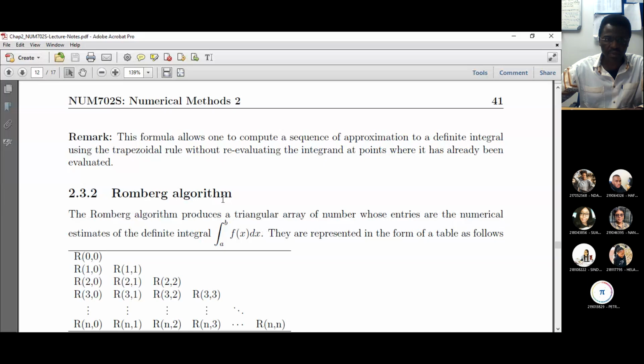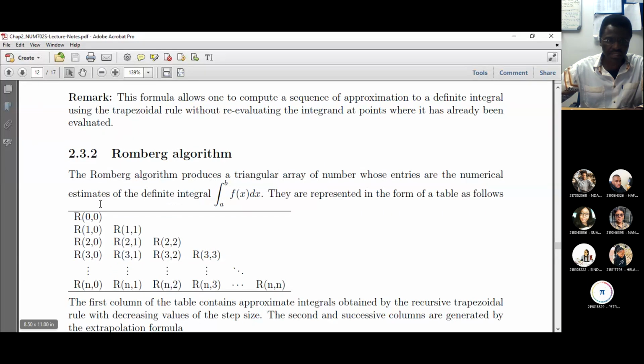Now that we have set the stage, let us look at the actual Romberg algorithm. So here, this is exactly our TJ that I was talking about, the first column, this one. You can see that here, K is equal to 0. If you look at the column number, it is 0 all over.